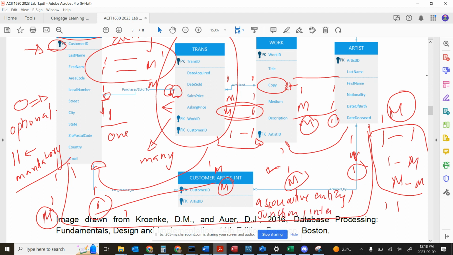So the entity called customer artist int is an associative entity, which means, what type of attributes do we have to include here? The attributes here will be foreign keys.